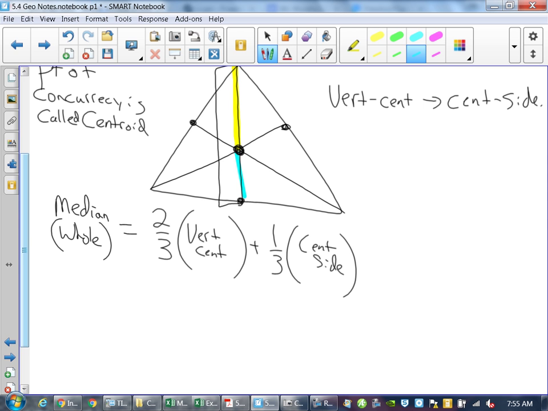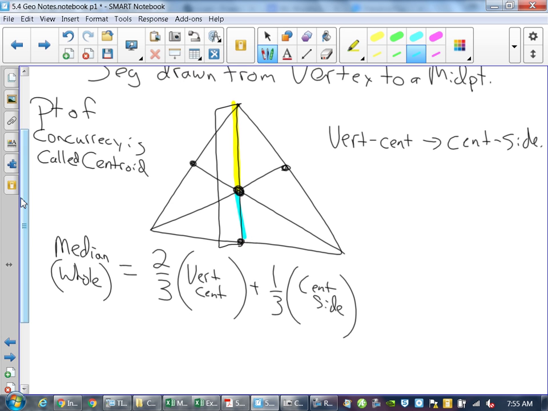That's all it is. So if I know that the segment from vertex to centroid, for example, is 8, the other side is just half of that. What's half of 8? 4. What's the whole thing? 12. That's it. That's all that is.